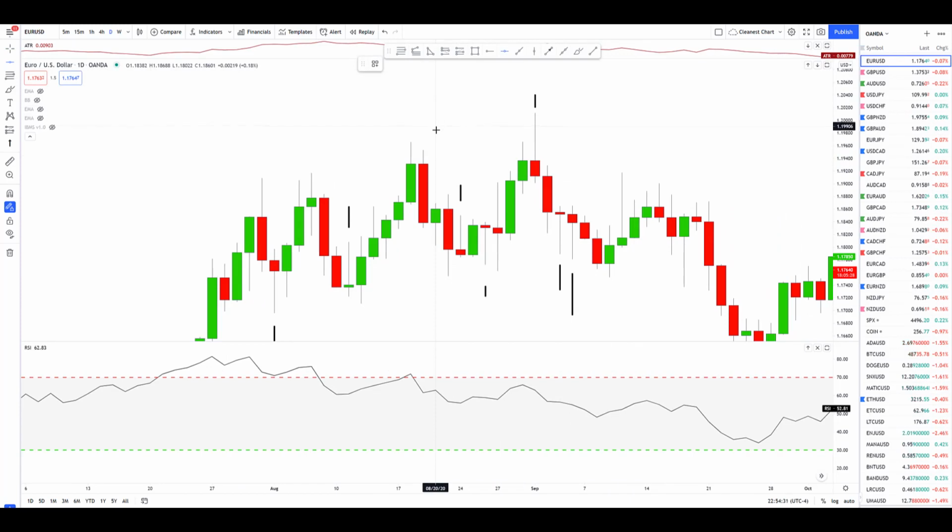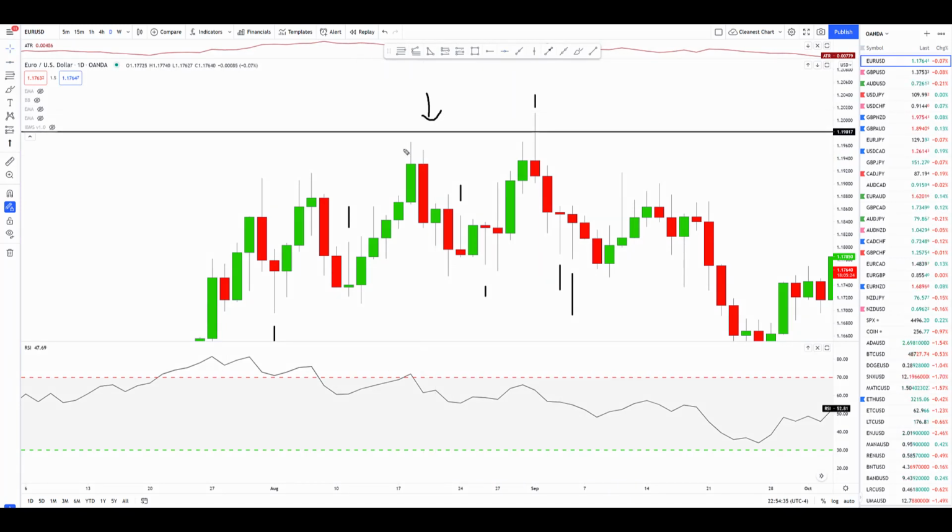If we had a level right here of major structure resistance, we've already talked about how we find those, right? So right here, if we had a major structure level of resistance, we also currently have price making higher highs. We'll talk about this in a strategy. Again, don't worry if you're confused, but we have price making higher highs. We have RSI making lower highs. This is something called RSI divergence.